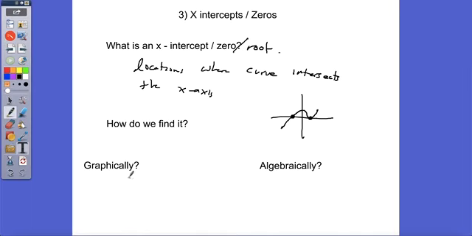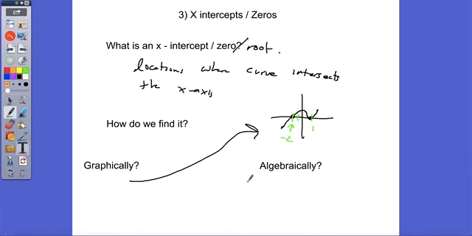All right, how do we find it? Well, graphically speaking, if we were given a graph like I just drew here, the x-intercepts would be the x value here. So that might be an x-intercept of -2, and this might be an x-intercept of +1, depending on where it crossed. But remember, it's the x value, the left and right, where it crosses the x-axis. So that's graphically, but we're going to be mostly focusing on algebraically.